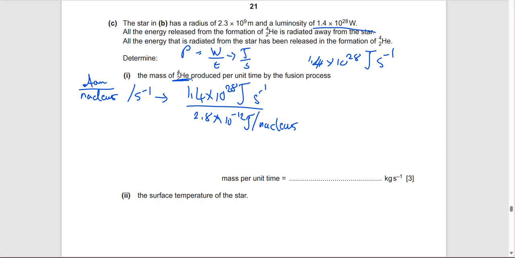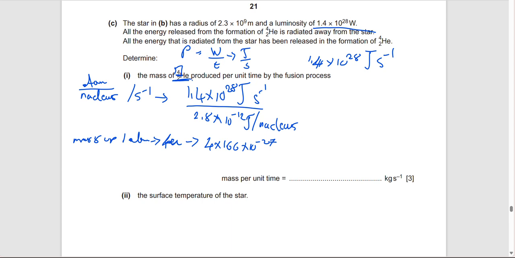Since we have the nuclear number there, it is 4, so the mass of one atom is equal to 4u. And we know that u is the unified atomic mass unit, so just multiply it by 1.66 × 10^-27 to get the mass of an atom.